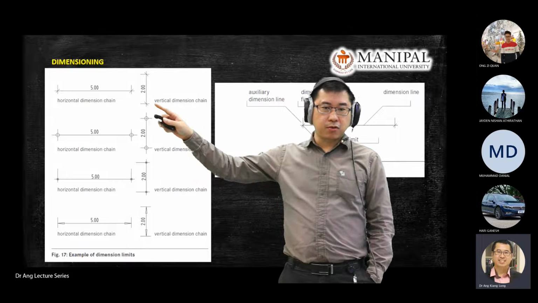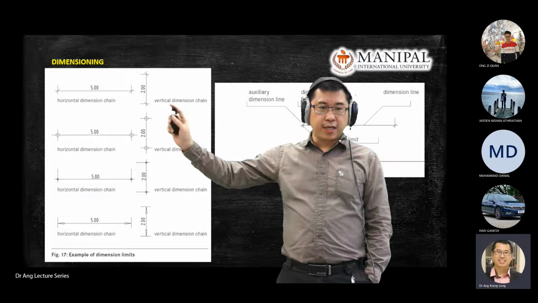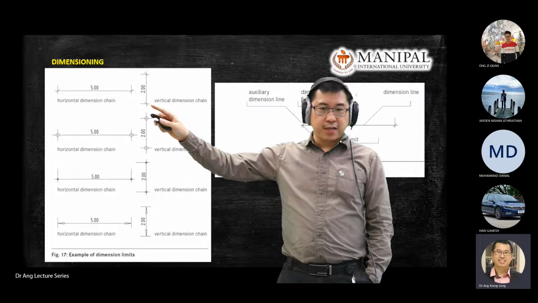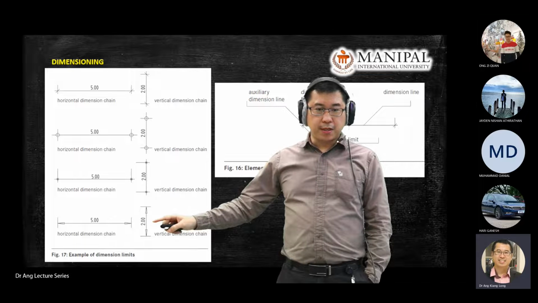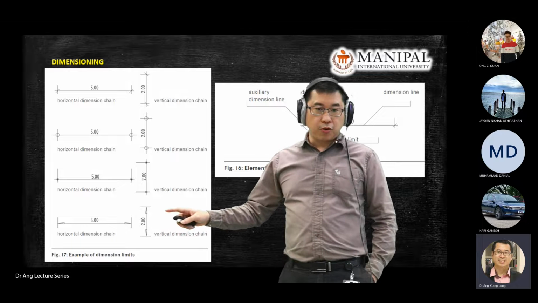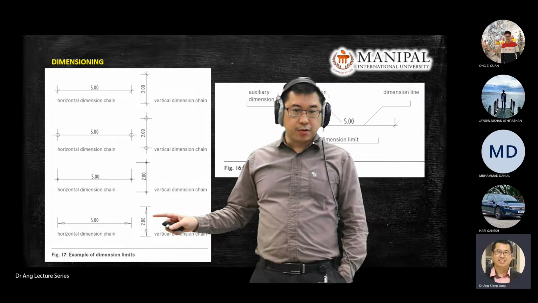You'll see this kind of drawing in civil drawing, meaning a building project drawing. This one will be more on mechanical products, when you do mechanical production on the production floor.